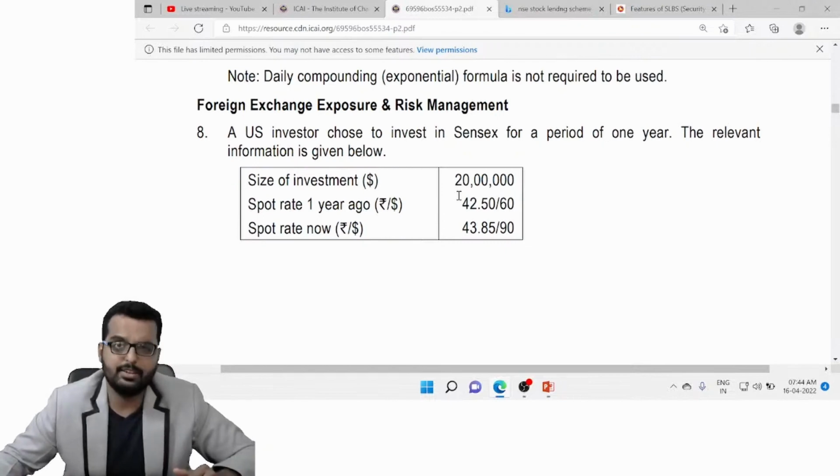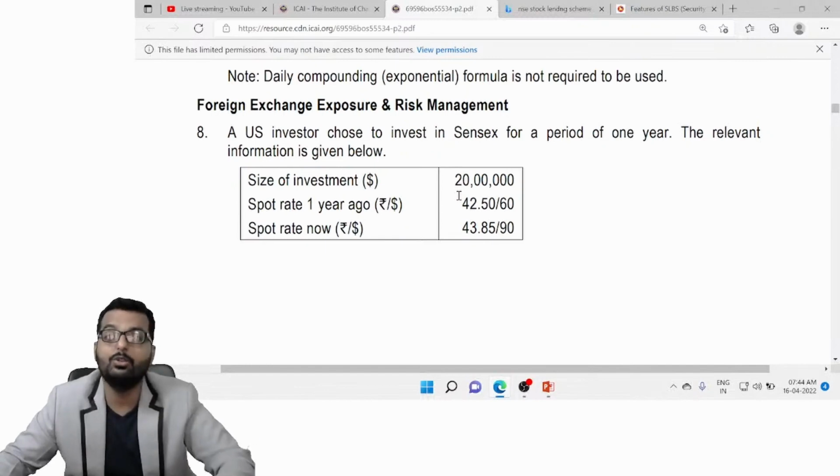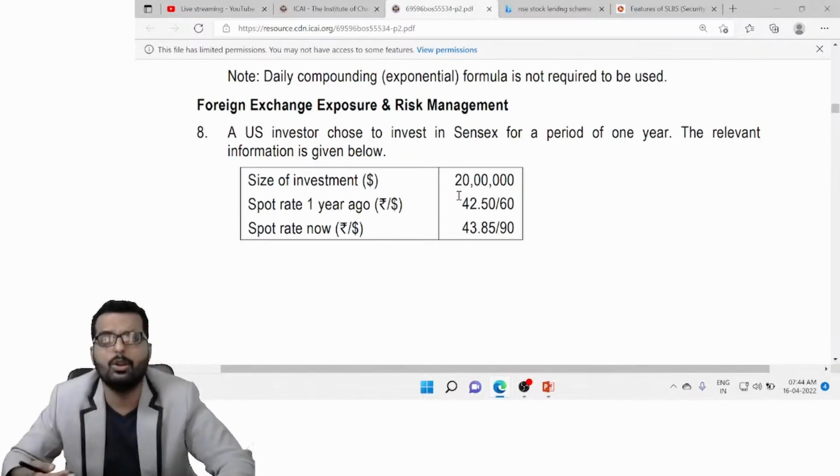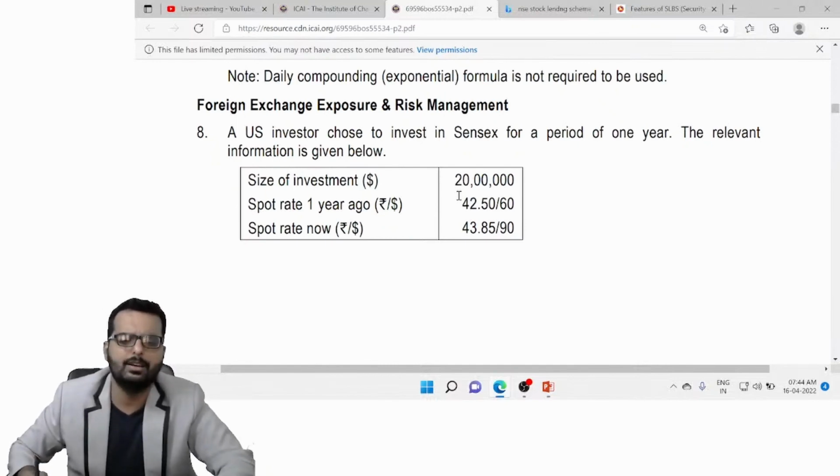Darshana, you said it's bid rate. Your answer is right. We sell dollar to the bank. Bank buys dollar. Dollar being the commodity, it will be the bid rate.